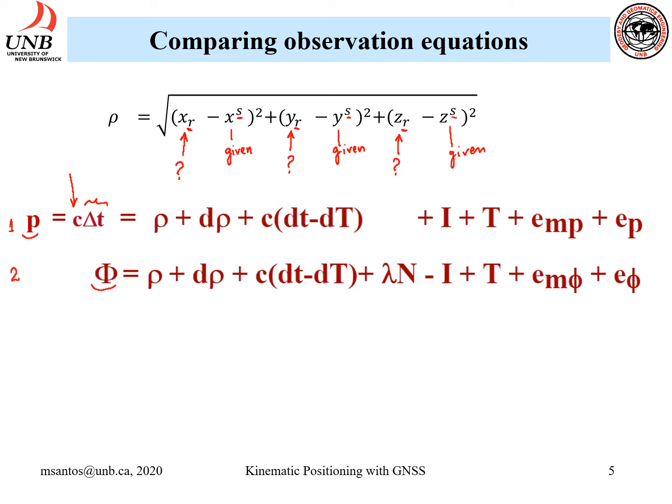Any uncertainty, any error in the orbits will generate an error. So the dρ represents an error in orbits, or orbital error, which means the error in the given coordinates x sub S, y sub S, and z sub S. So this term here, we are already looking at common terms. This is the geometric distance.